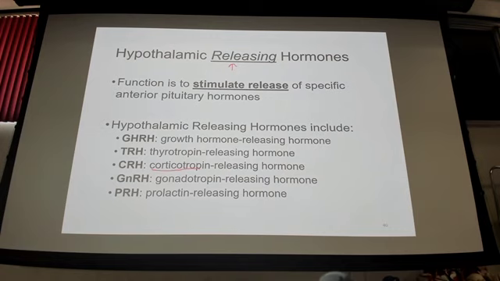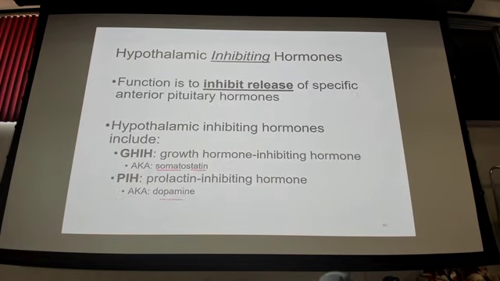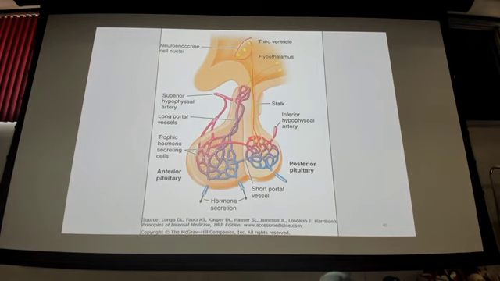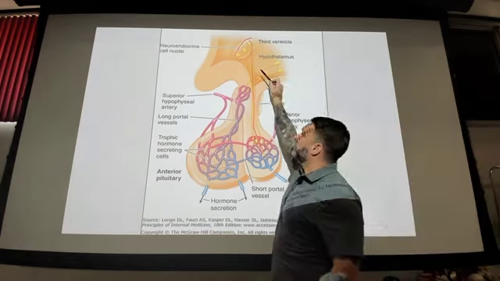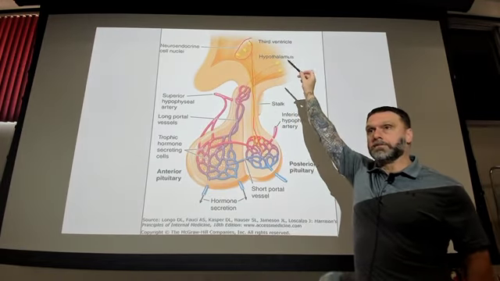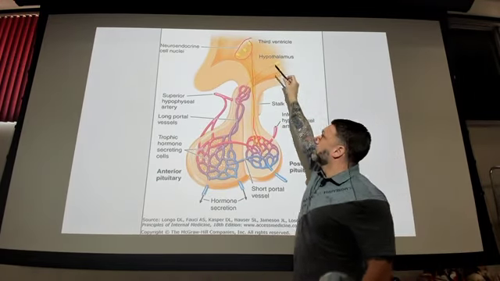Yes, sir. So, referring back to the picture, is the posterior part of the hypothalamus what sends stuff to the anterior pituitary? No. Everything is coming from the hypothalamus, right? So these nuclei, these yellow lines, represent nuclei in the hypothalamus itself, okay?